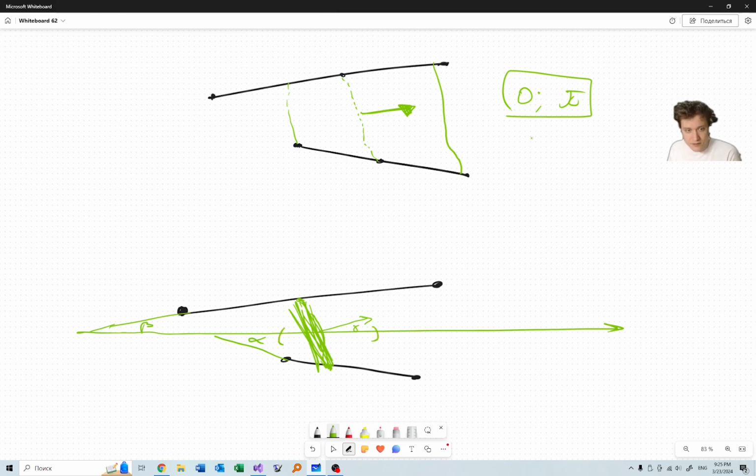Then this unit segment is projected here, and we get something like cosine beta minus gamma, and here we get times cosine beta minus alpha. So this is the density.